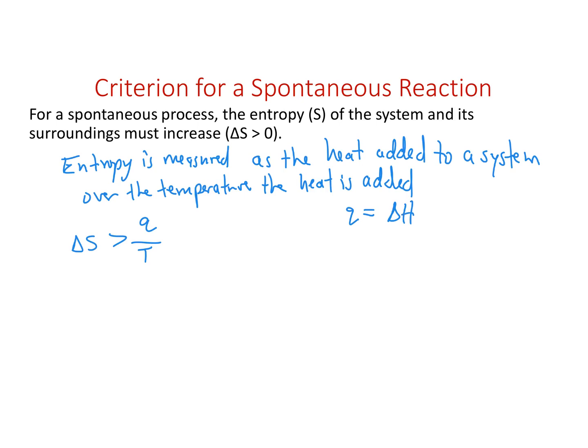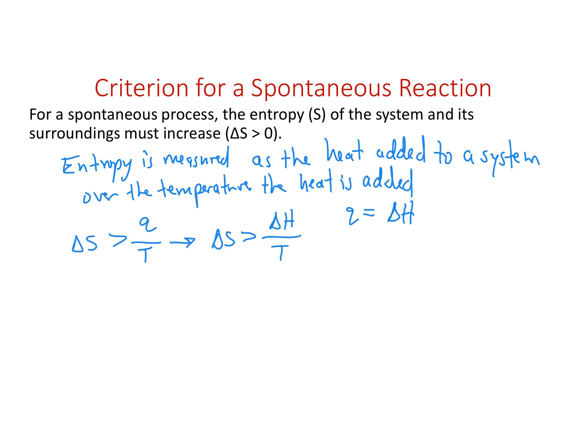What's the heat of this reaction? What's the heat being released or absorbed by this reaction? So we can say that our change in entropy needs to be greater than our delta H divided by our temperature. Now I'm going to rearrange this to solve for what we're looking for.